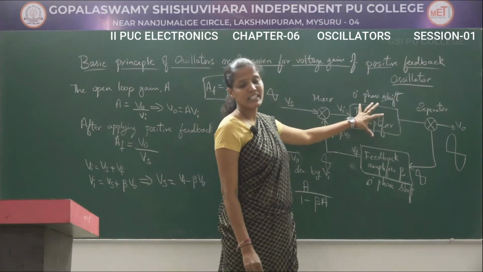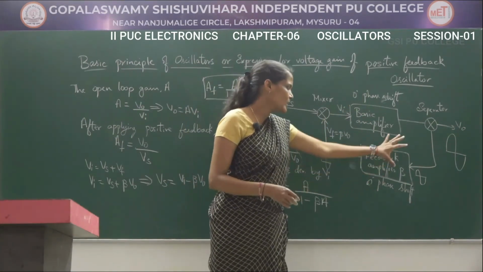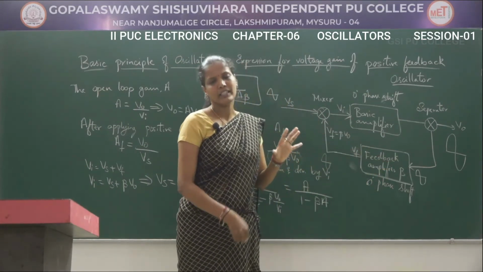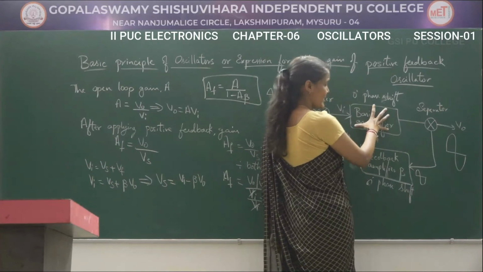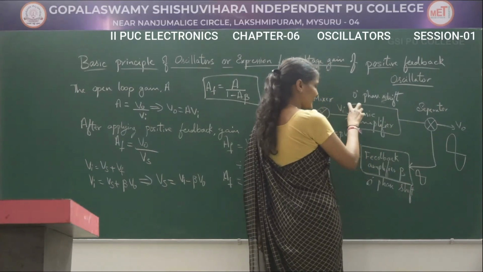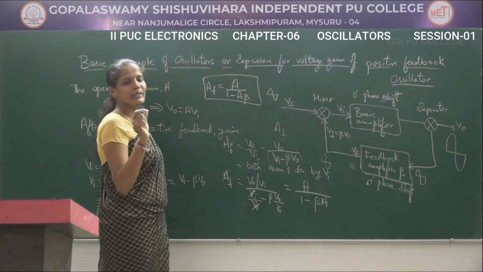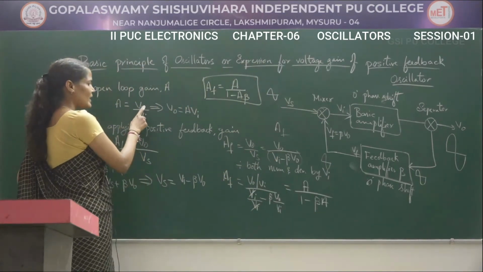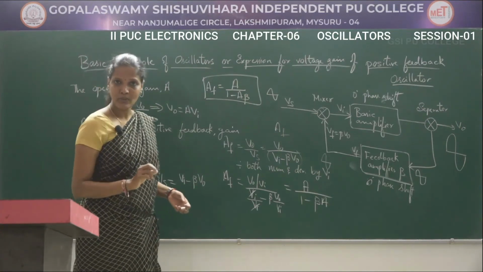Initially we have to consider the open loop gain. Open loop gain means the gain without connecting the feedback. Gain without connecting the feedback means I'll be having only this basic amplifier in which Vi is the input and output is equal to V0, and that open loop gain will be denoted by A, which is given by V0 divided by Vi. So what exactly is the meaning of this positive feedback?